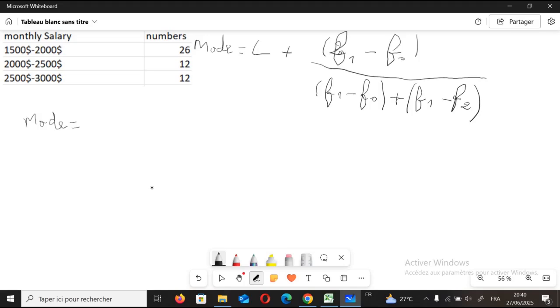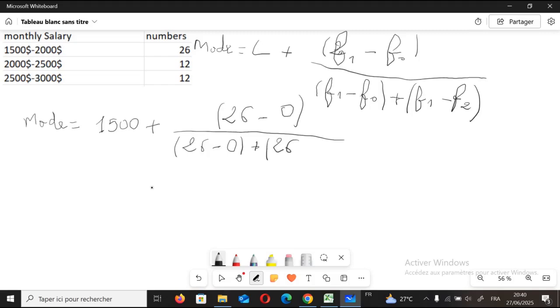The lower boundary here is $1,500, the lower boundary of the modal class, plus, this is the whole division, the frequency of the modal class is 26, minus the frequency before the modal class, f0, is 0 because we don't have anything before it. Divided by the frequency of the modal class minus the frequency before the modal class, and then the frequency of the modal class minus the frequency after the modal class, which is 12.